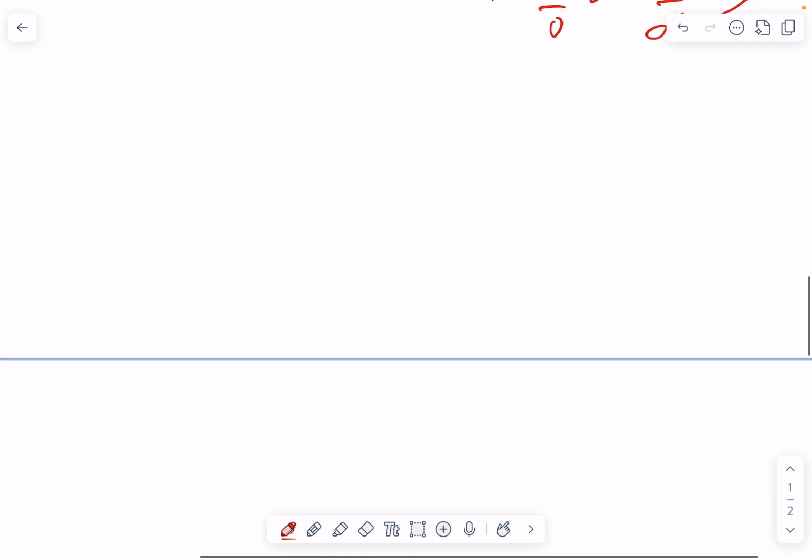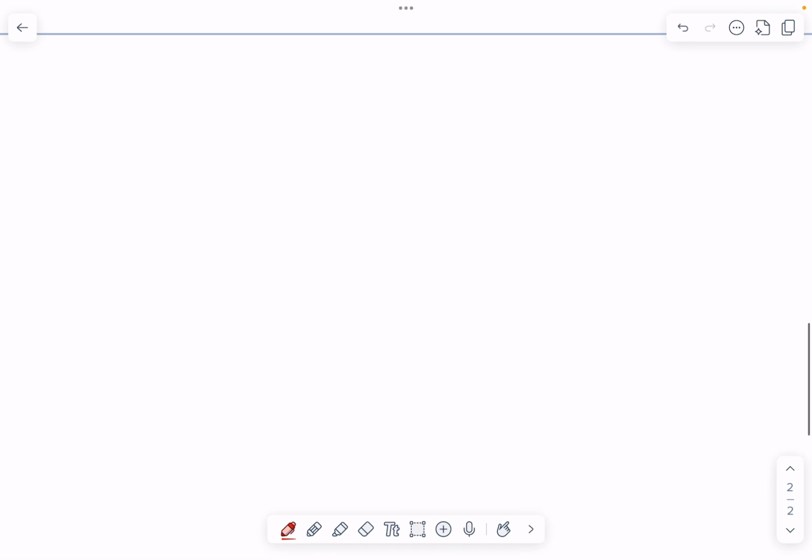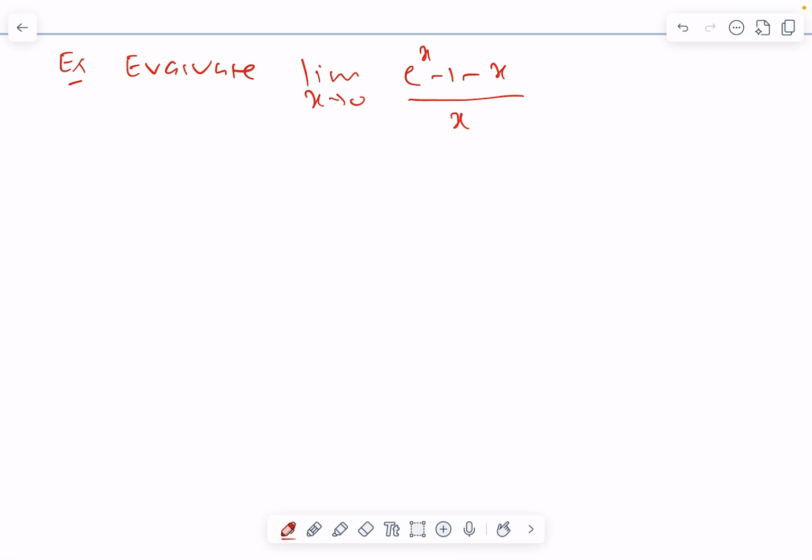So let us solve some examples. Let us begin. Evaluate limit x tends to 0, e to the power x minus 1 minus x divided by x square.